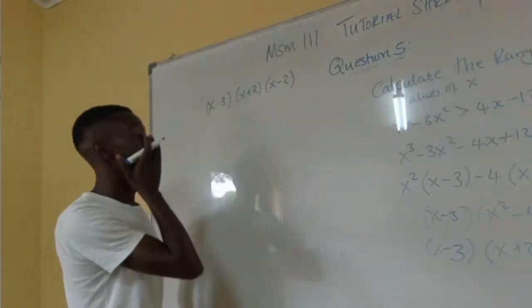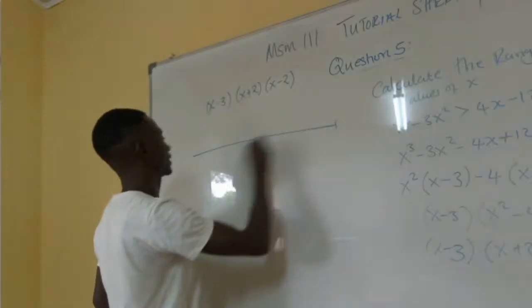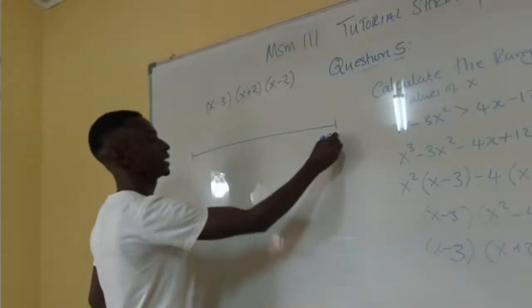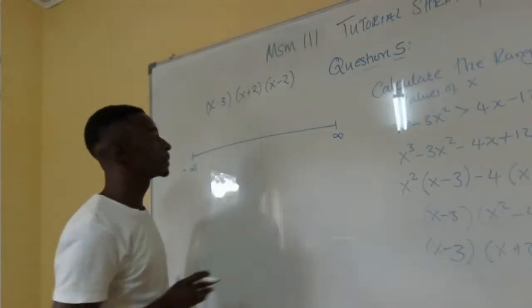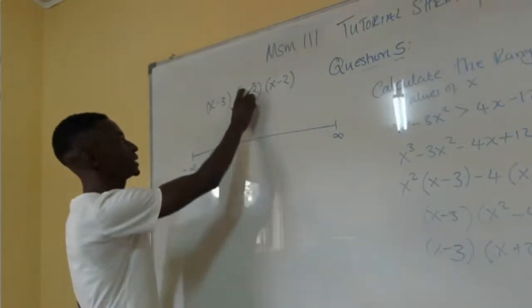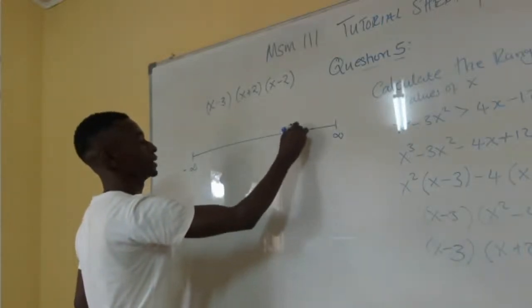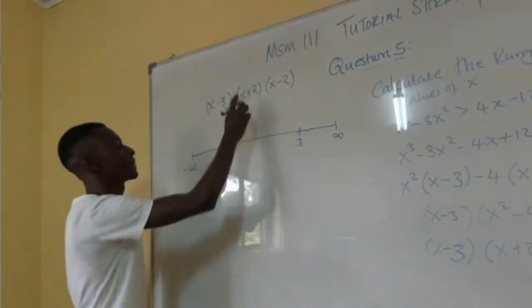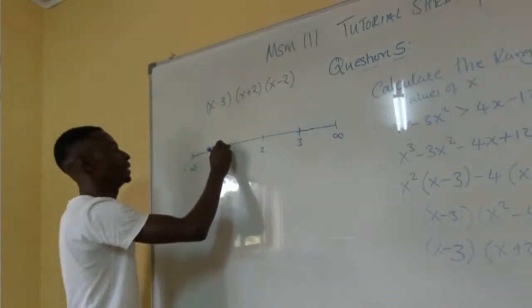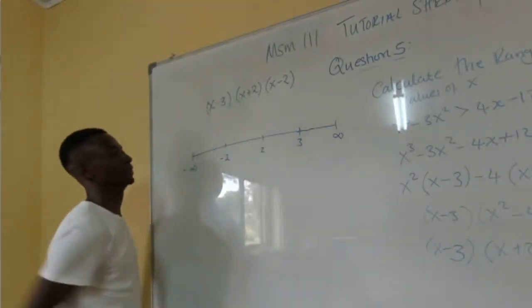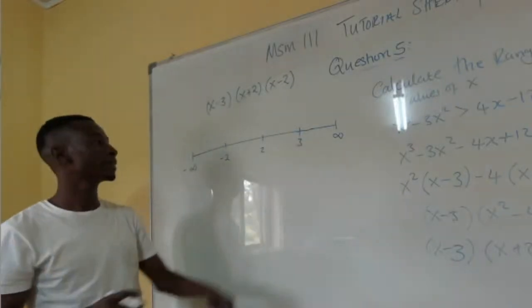So finding the range of values of x, you draw a line like that one. You say infinity there, here negative infinity. Then from there, what is it that we have there? We have 3. So you do this, you say 3, 2, negative 2.